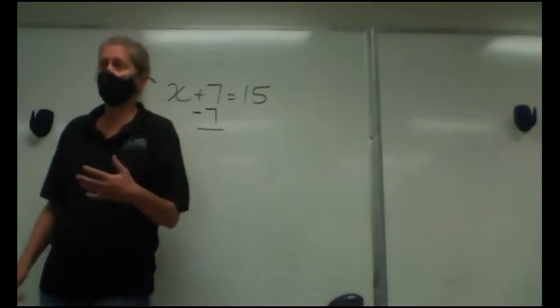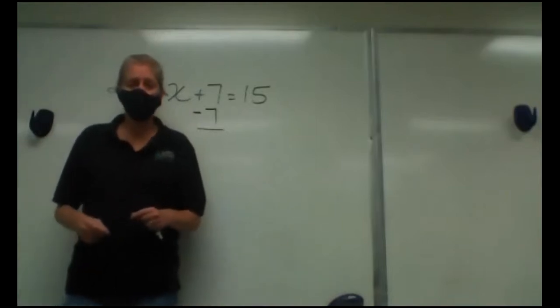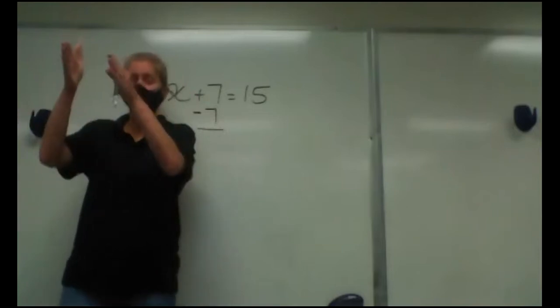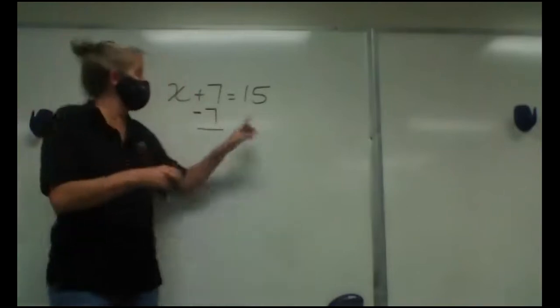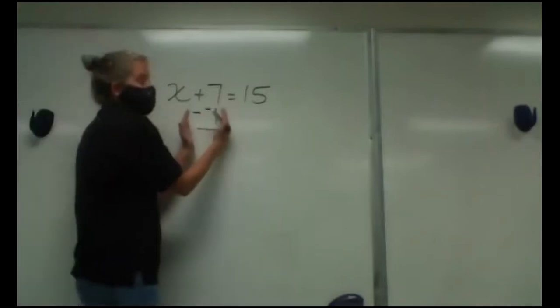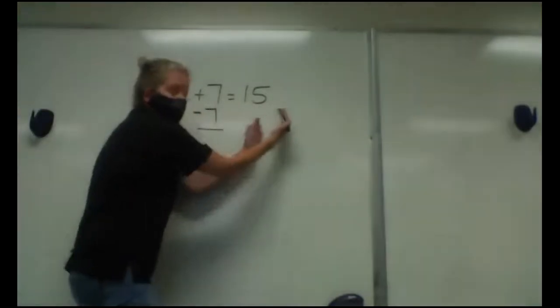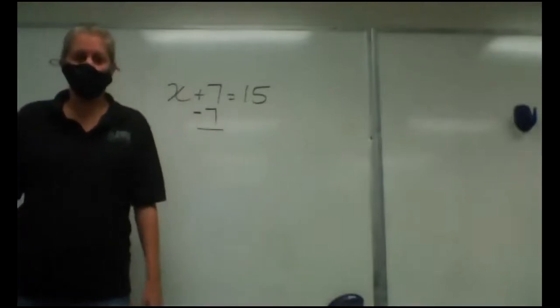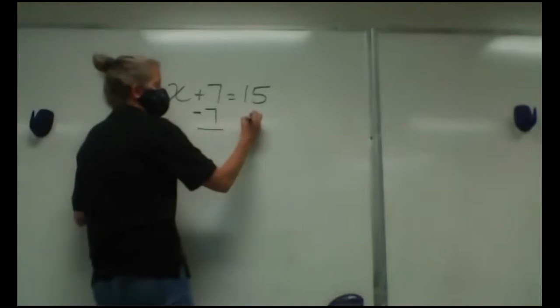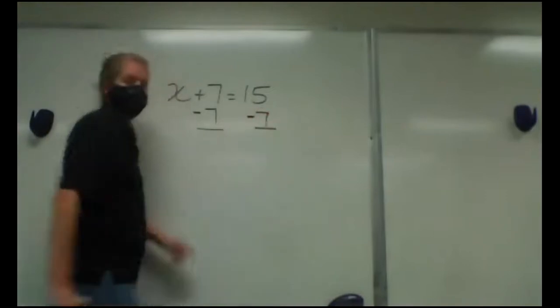Now, here's the thing. When you're solving an equation, any time you do something to one side of the equal sign, you have to do the same exact thing to the other side. So if I subtract 7 from this side, I've also got to subtract 7 from that side.